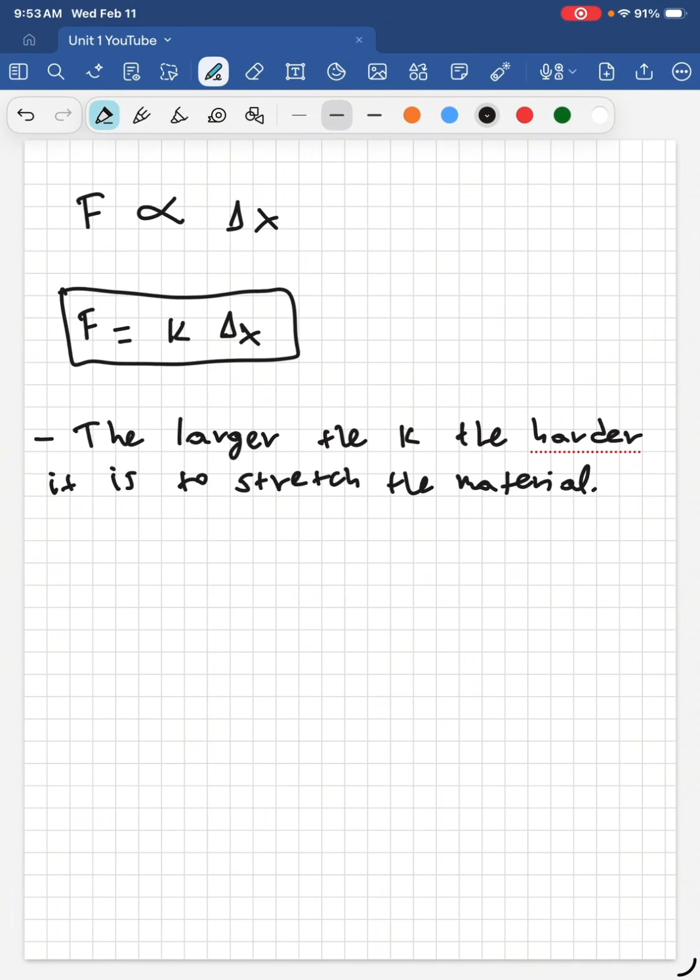Now the units for K. If we solve for K, we have F over delta x. Remember those brackets that I use to denote that we are dealing with the units of some physical quantity.